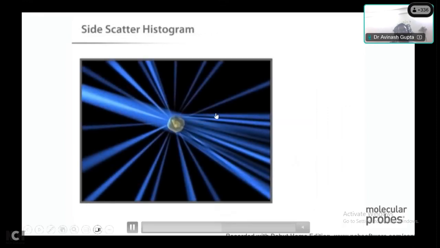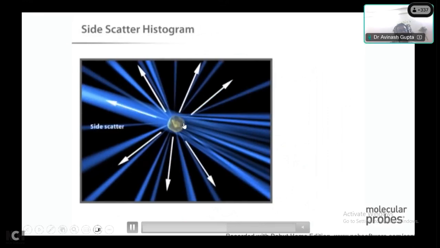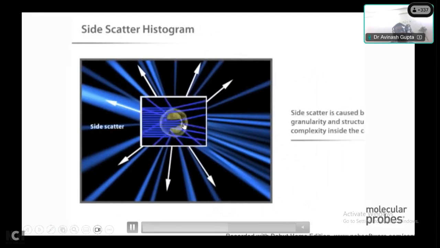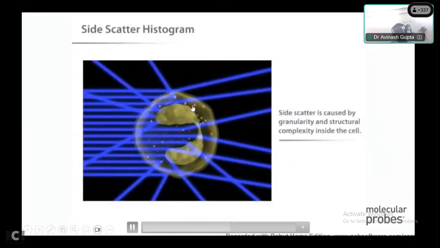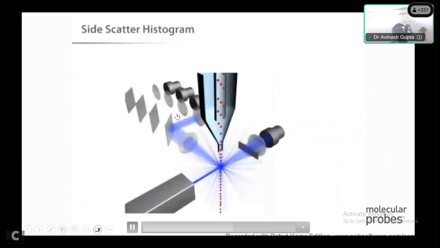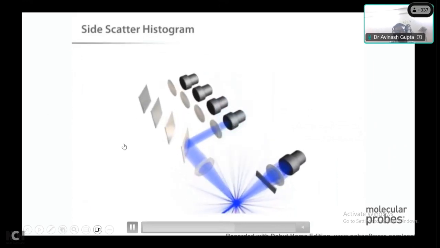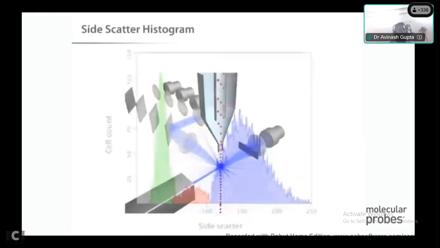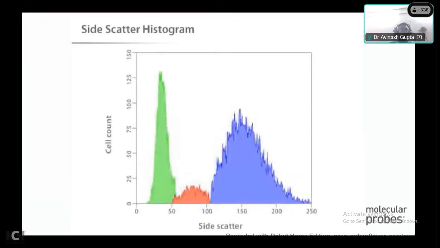Similarly, for the side scatter, light is scattered in every direction, but it is easier to collect the light at 90 degrees, where you get the maximum signal from this scattered light. So it will tell you about the internal complexity, the complexity of the nucleus, the complexity of the granules, and if other vacuoles or material are there, then the scatter will be high.